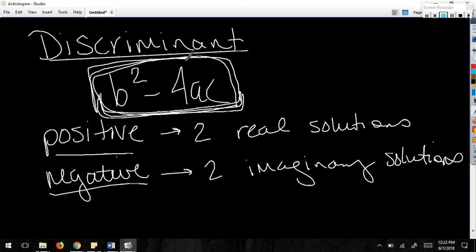There's one other scenario that can happen. What is it? If it's not positive and it's not negative, 0. If you had that quadratic formula and you put a 0 right here, how many answers would you get? 1. 1 real answer. Can you think of graphically a scenario where you'd only have one x-intercept? Good job. And that's where the vertex sits on the axis.